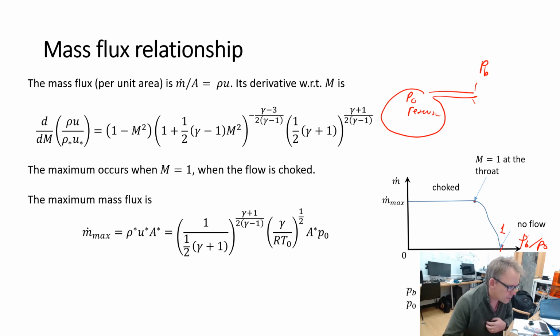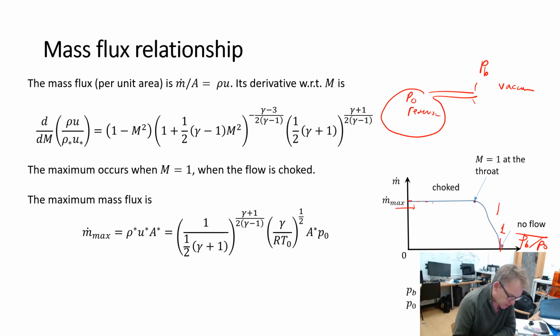Now, if the reservoir is the same pressure as the back pressure, then of course there's no pressure differential and there's no mass flow. So everything to the right of this 1 means no flow, nothing going on. Now, if this is a vacuum, then essentially you'll be pulling or pushing through the material, and you end up with this rather interesting scenario where the flow is choked, as in no mass flow can go faster than through this.